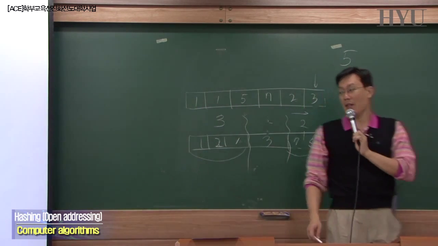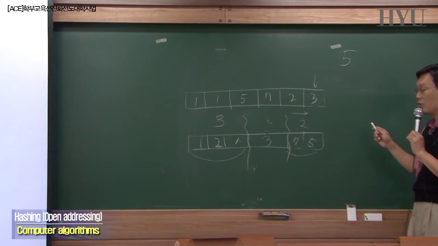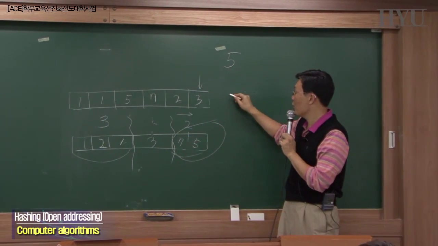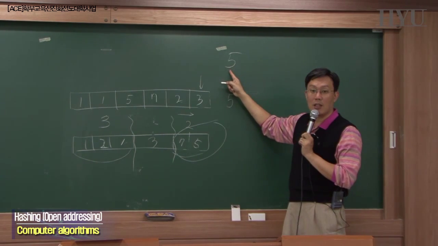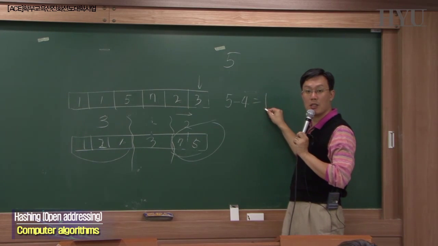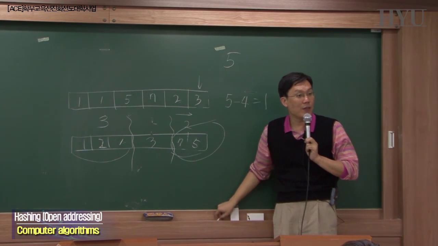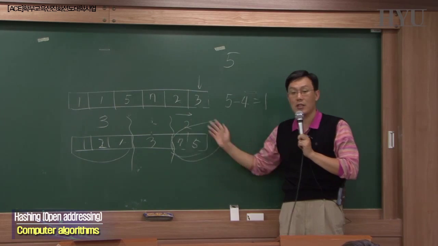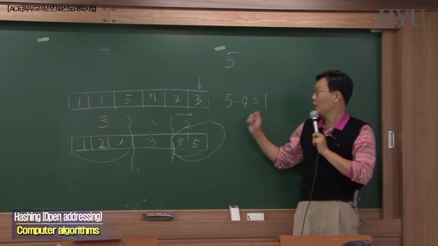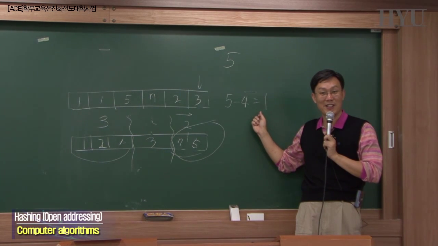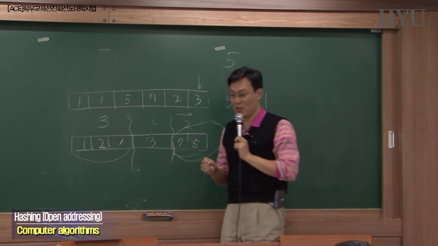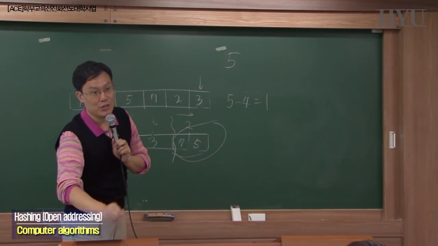Then we recursively use select on this larger partition, but in this case, we have to change the order. 5 minus 4, which is 1. So we have to select the first smallest element in this larger partition. Did you catch this? So it is written in the pseudocode.